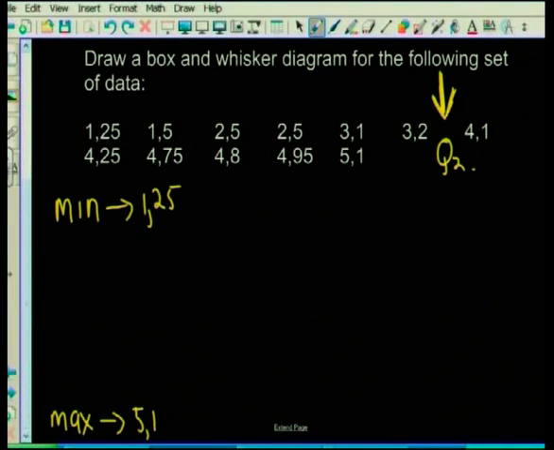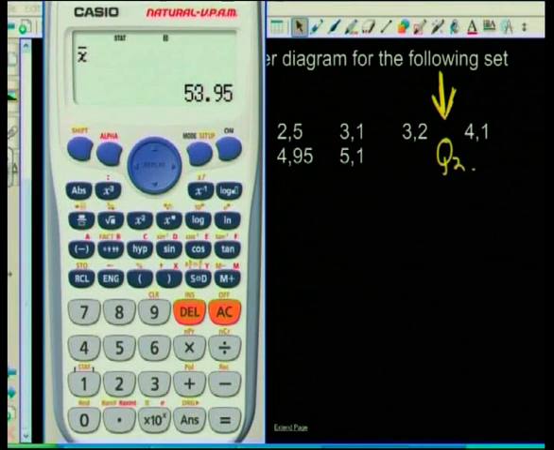Okay, so the Q2, obviously I have to add the 2 together. Let's do that quickly. 3,2 plus 4,1 divided by 2. And this is going to give me a syntax error, 7.3.